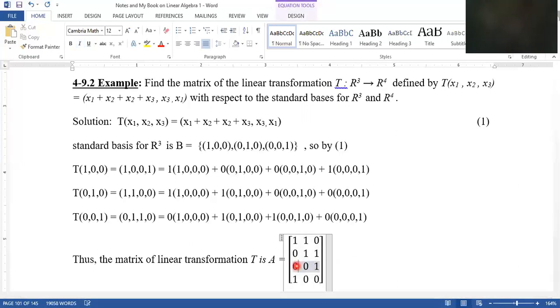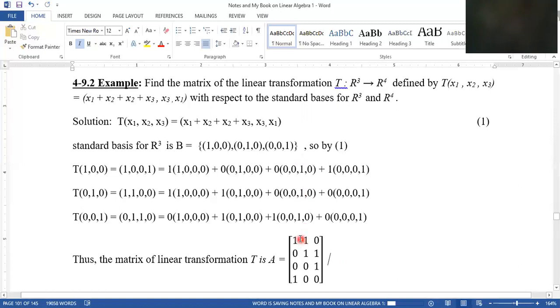I must correct it. So the matrix is 1 0 0 1 for the first column, the second is 1 1 0 0, and the third is 0 1 1 0.